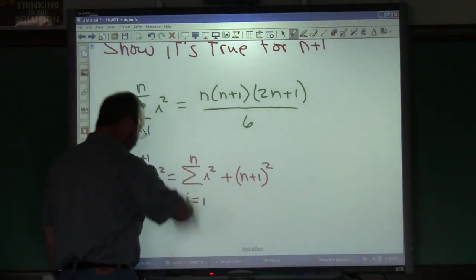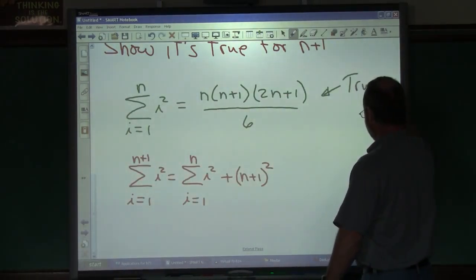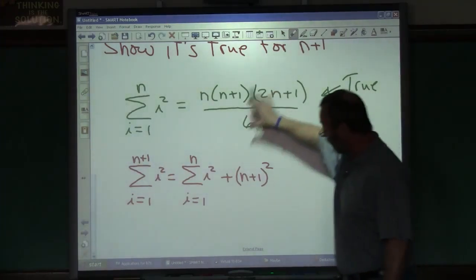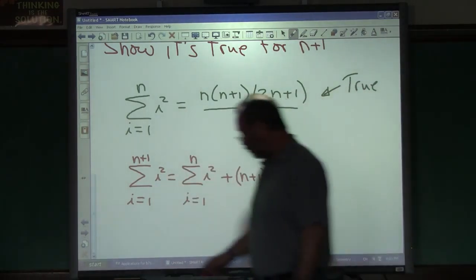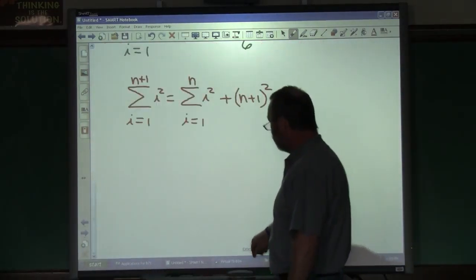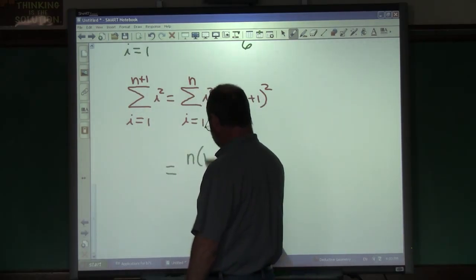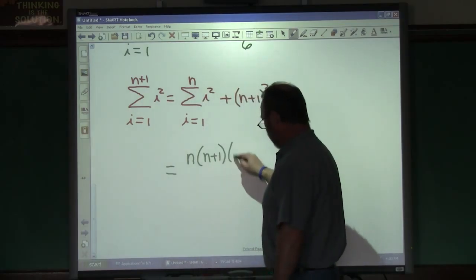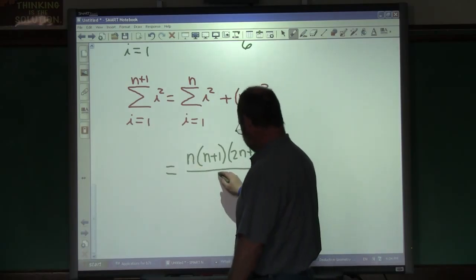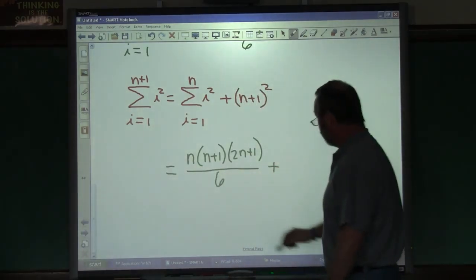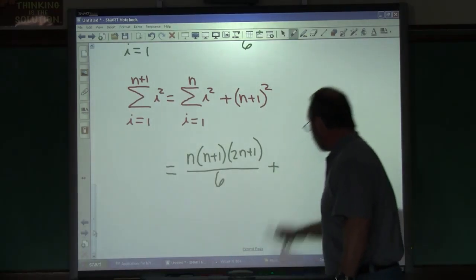So since I know this is true by assumption, I can replace that in here. So I know that the sum up to n plus 1 of i squared is equal to n times n plus 1 times 2n plus 1 all over 6 plus n plus 1 squared.